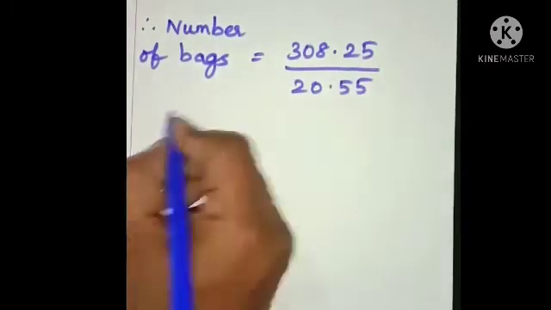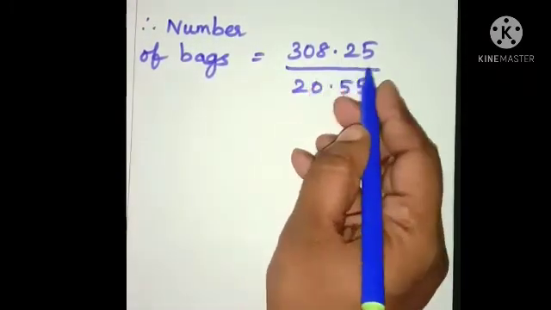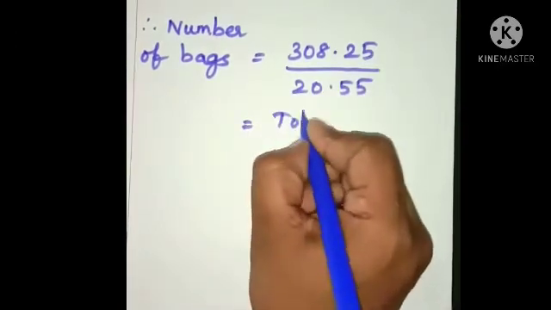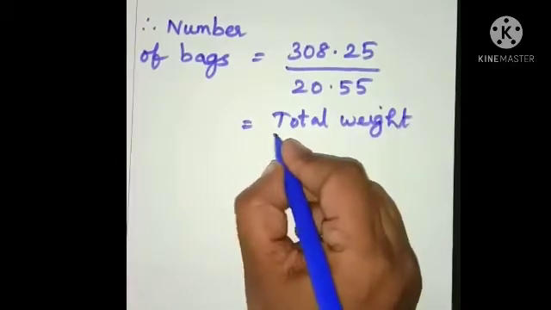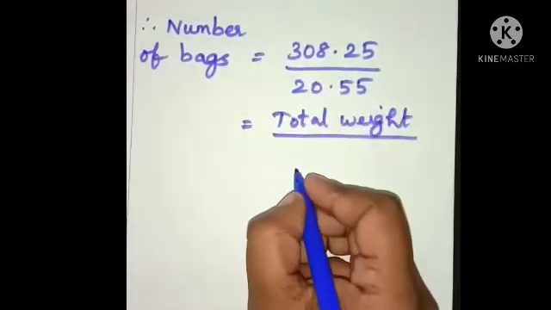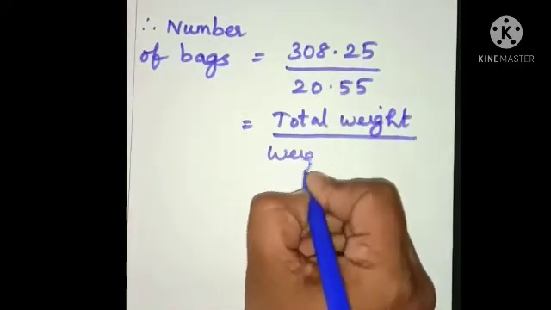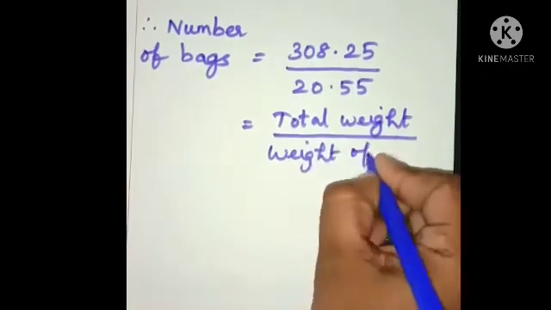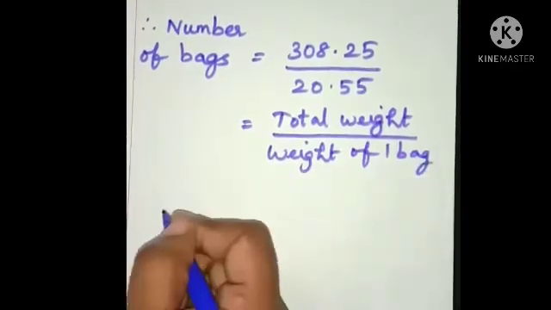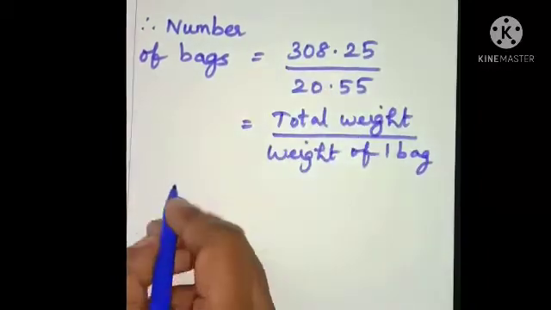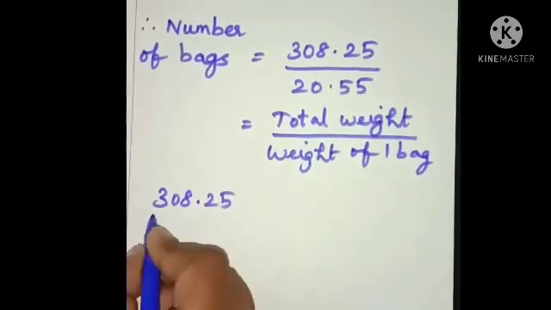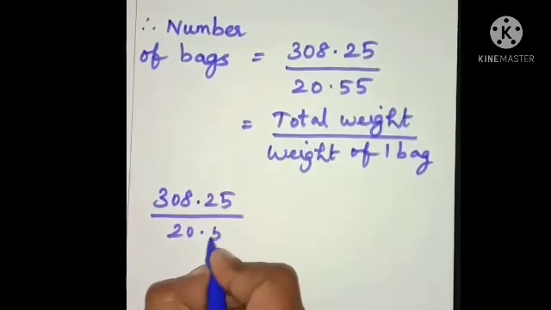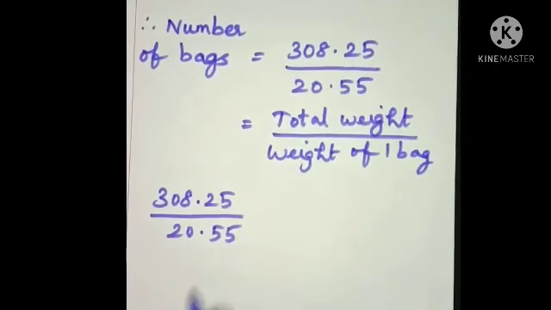Here 308.25 is the total weight, by 20.55, which is weight of one bag. Okay. Now take this 308.25 by 20.55.